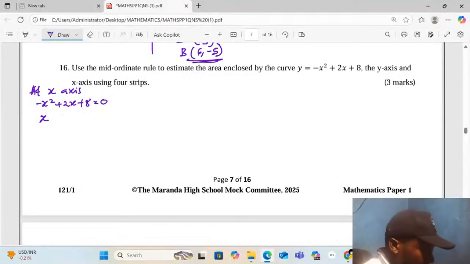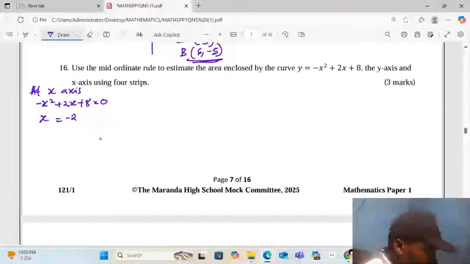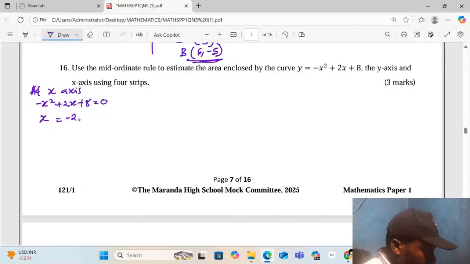We can use the quadratic formula, it is faster. So we shall have x equals negative 2 plus or minus the square root of 2 squared plus 4 times 8, then we divide by negative 2.